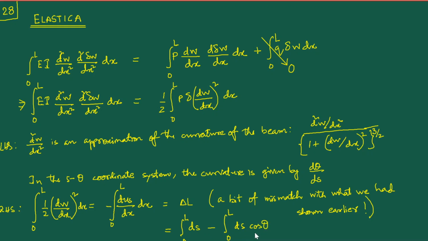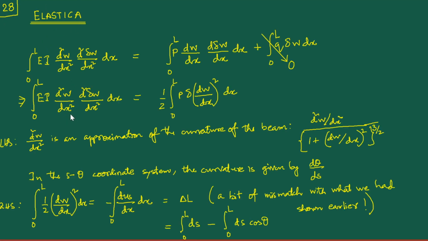Now the left hand side is in terms of this d theta ds, and the right hand side is in terms of this. But please note that we have to take care of this first variation, and on the left hand side also we have to take care of this first variation which is present here. So let us put everything together in the next slide. 0 to L EI, let's check what we have.